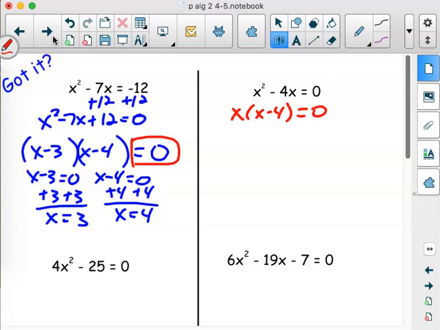So this always bothers people because they're like, well, what do I do with that one sitting out here? Well, what would this have to be to multiply and give you 0? 0. Exactly. So if there's ever any x's hanging out there all by themselves, you just put x equals 0.